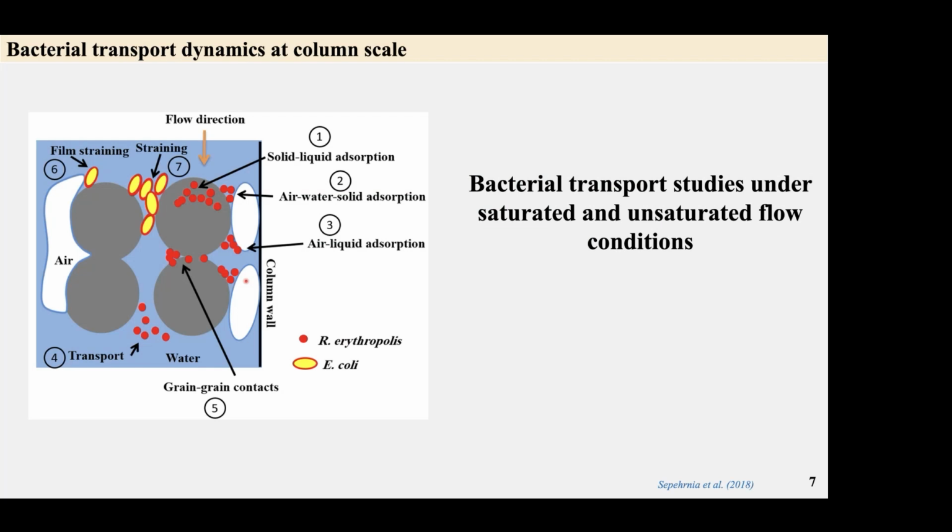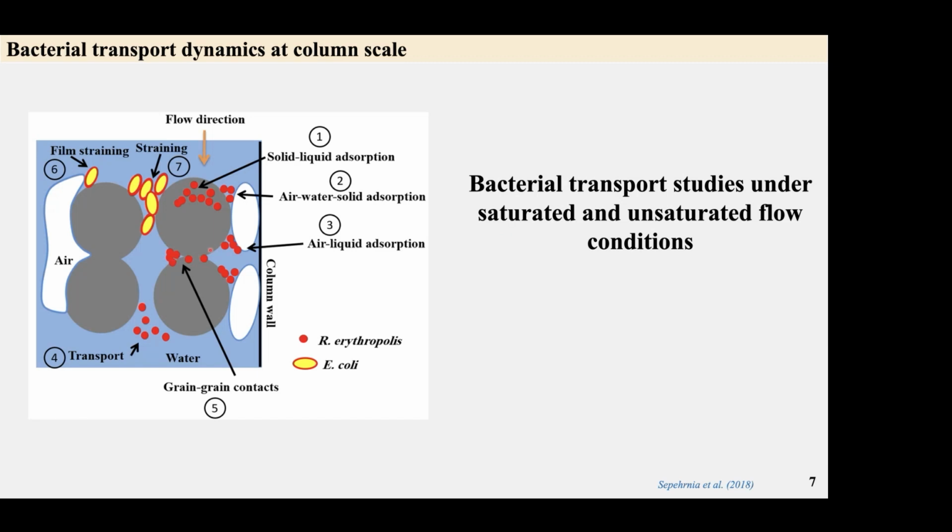Let's come back to bacterial transport. Traditionally, bacterial transport is done either through saturated flow conditions or unsaturated flow conditions. I mean, at the column scale and in separate columns.